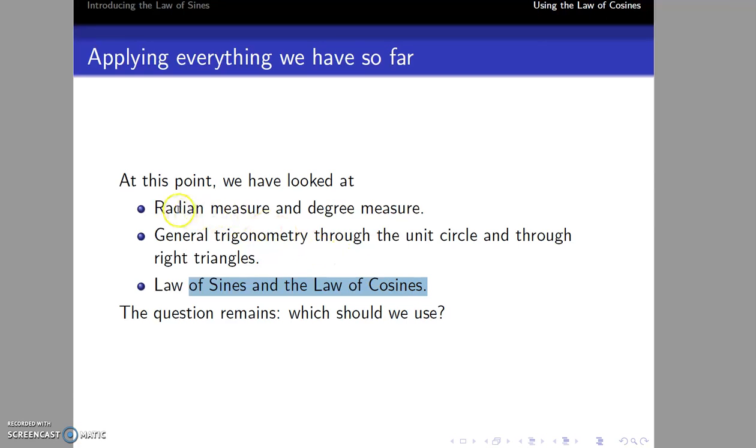And actually the question has arisen for these other issues too, right? What measure should I give my angles in? Should I use degrees? Should I use radians? People have asked me, should I use the unit circle definition of this or that? Or should I use the right triangle definition of it? Should I use my ratios, or should I use the nice values on the unit circle?